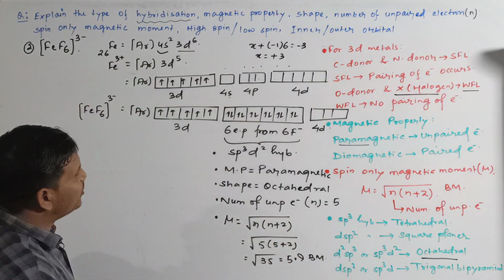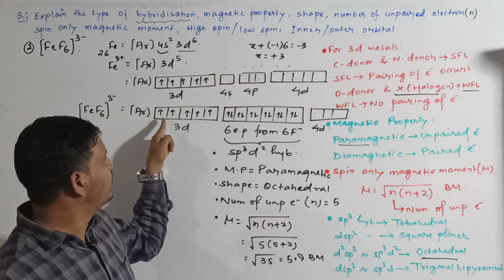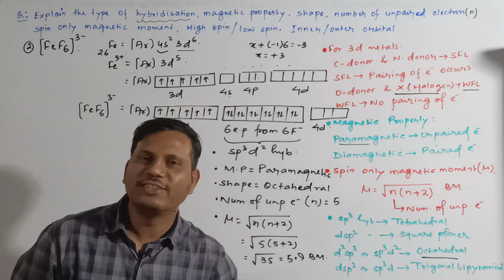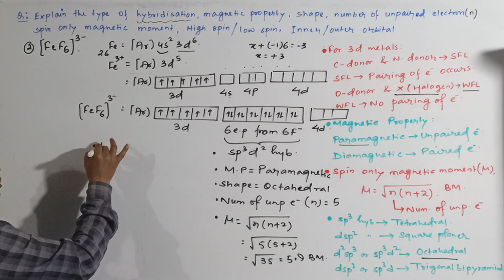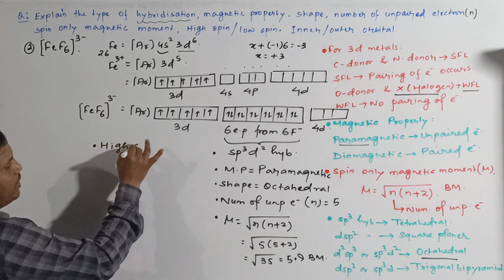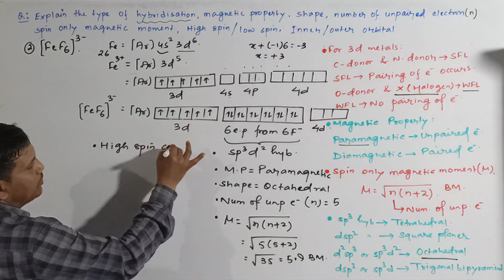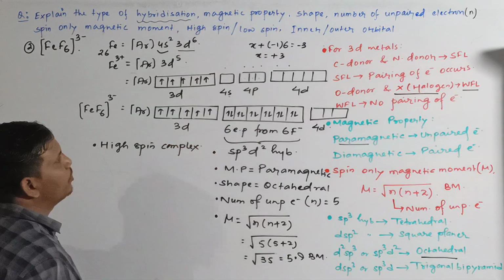Then high spin or low spin. See, the number of unpaired electrons is large, that is 5. So it will be a high spin complex.